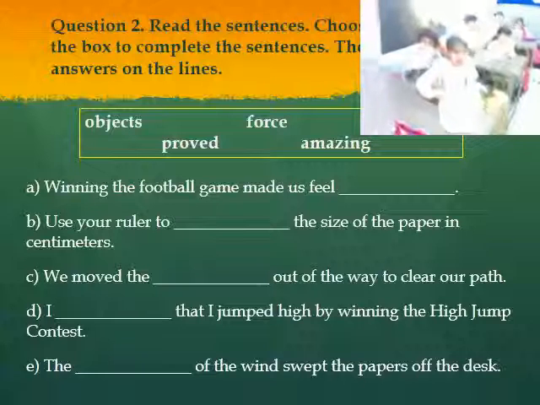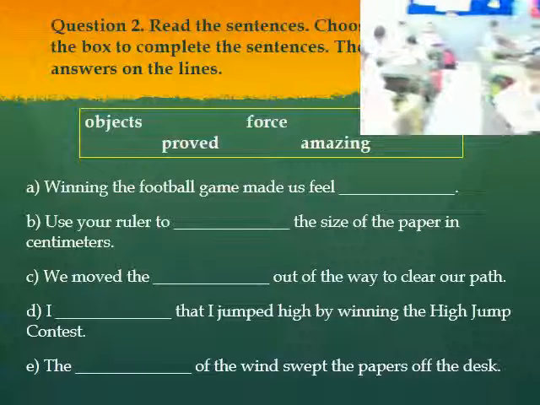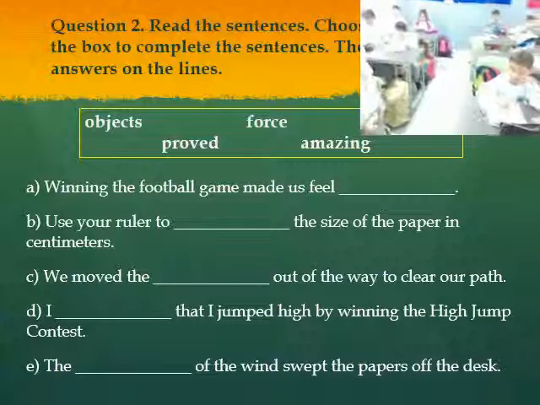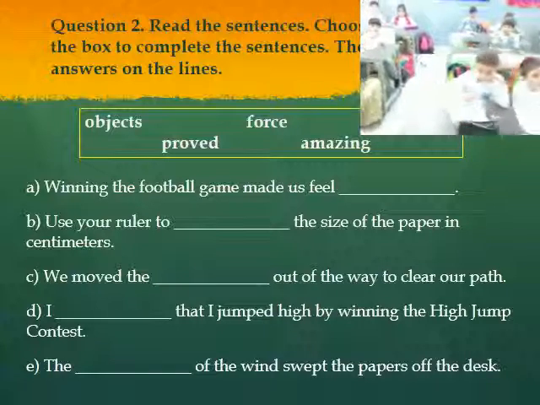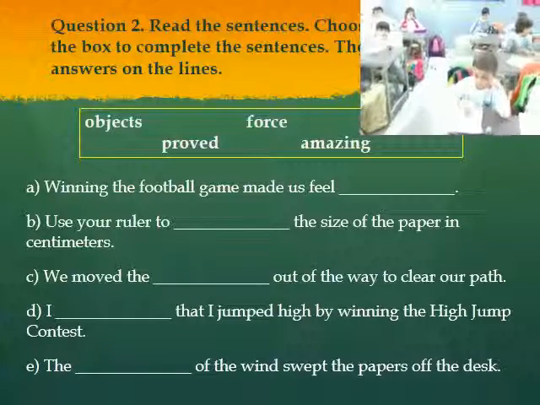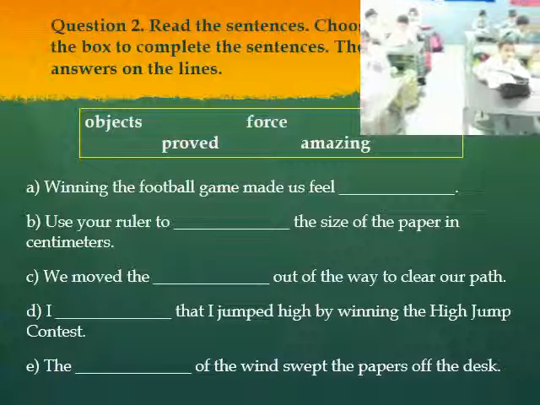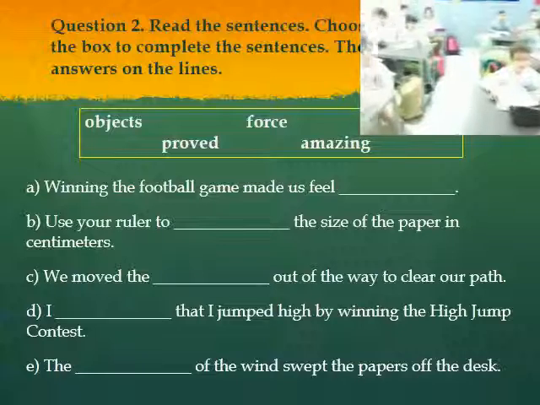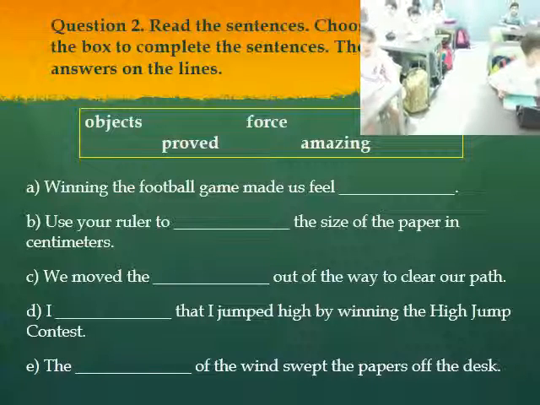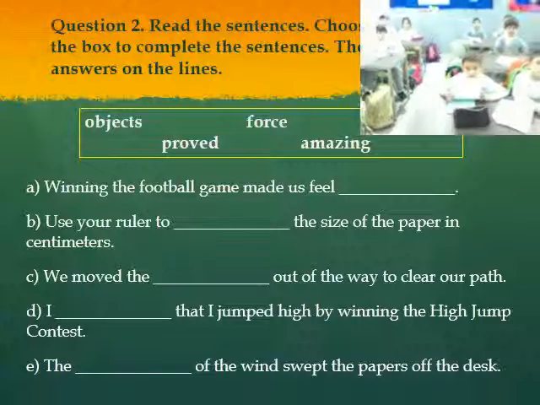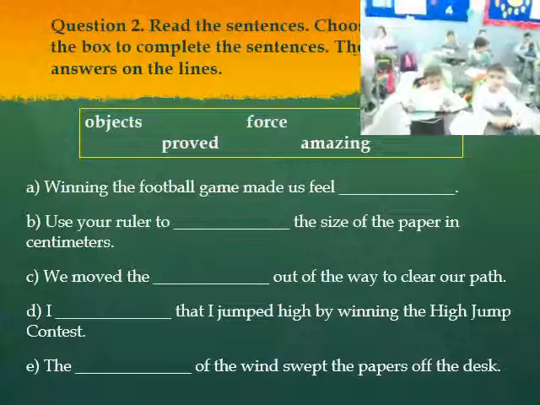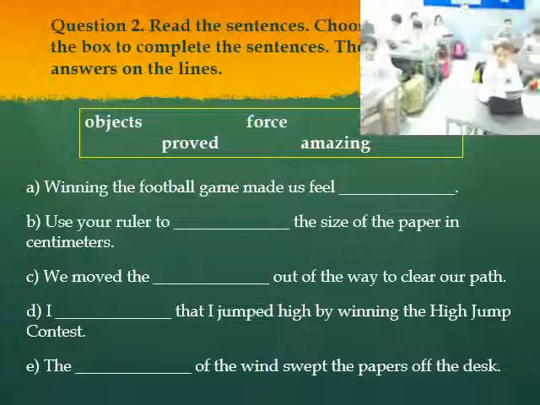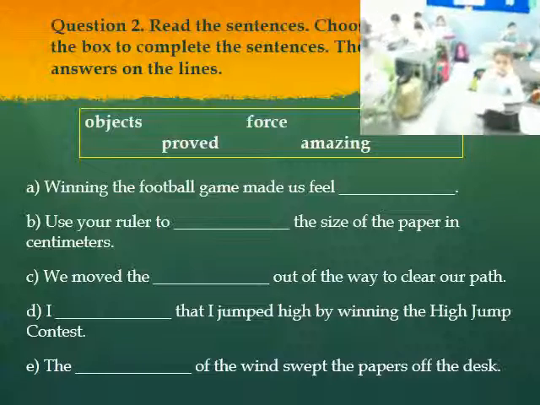It's a push and a pull that changes how something moves. Okay, what's the next word? No, there is measure. You forgot measure. So measure. What's the meaning of measure?